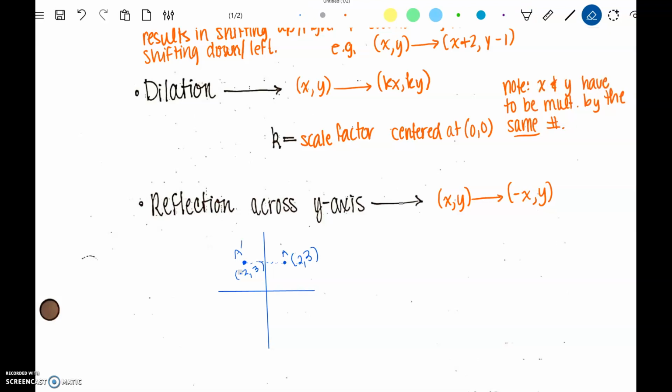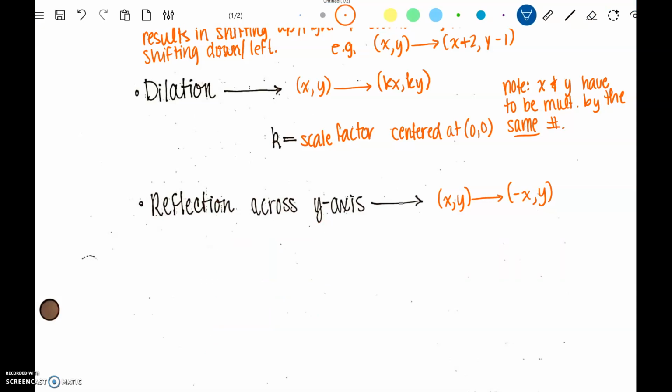If you were going to reflect A across the x-axis, the x value would stay the same, but the y value would change sign. So it depends, and you might have to actually draw it out or sketch it out to remember exactly which one changes.